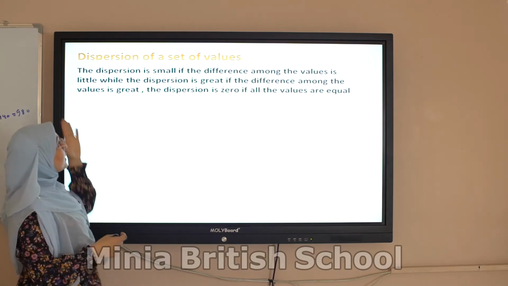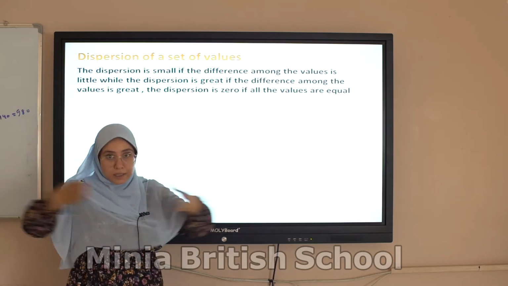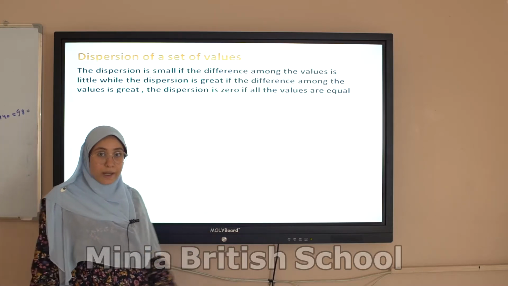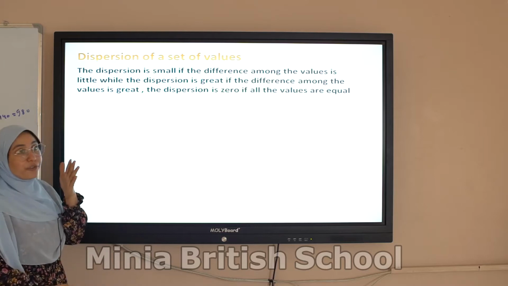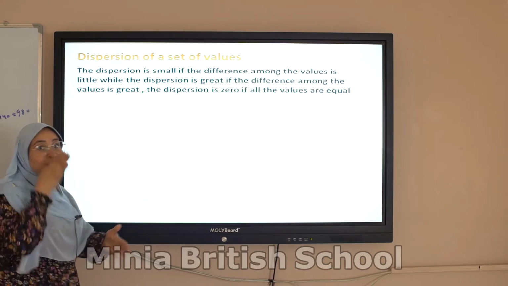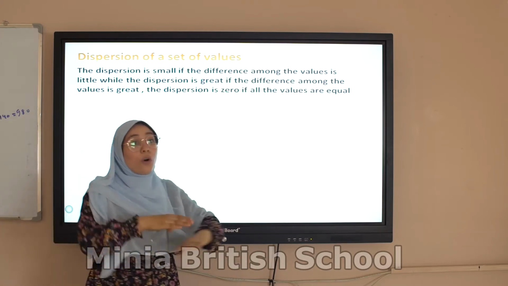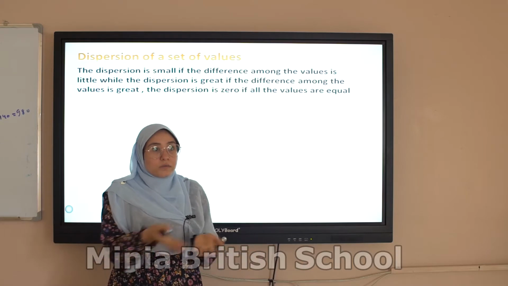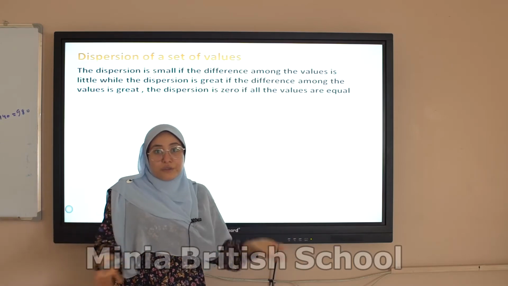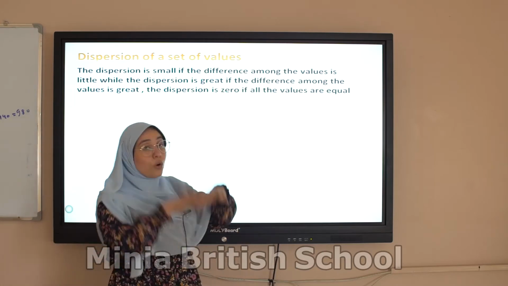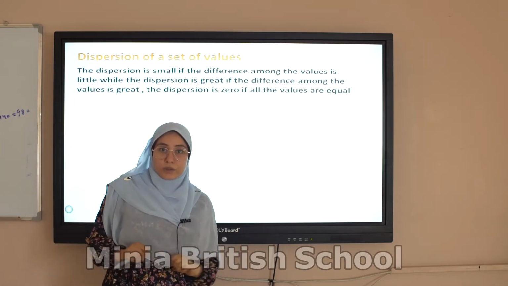But the dispersion is great if the difference among the values is great, okay? The dispersion is 0 if all values are equal, so there is no difference between them, okay?